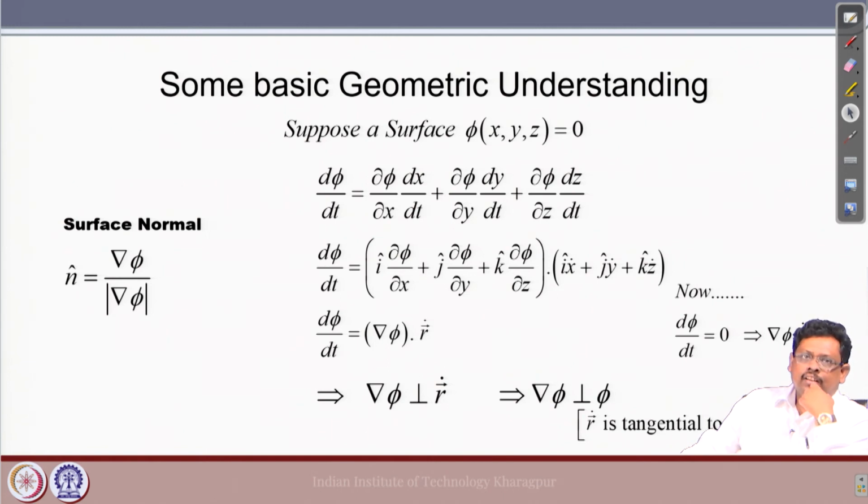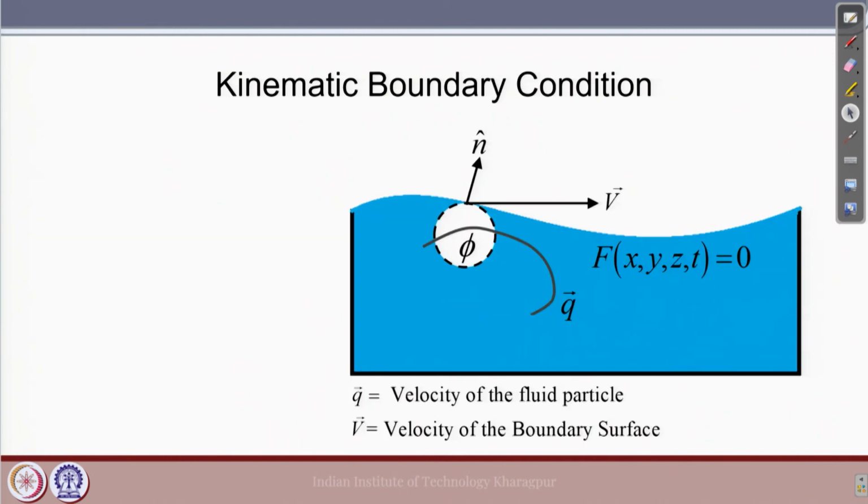Okay. Fine. So, if we have these two geometric understandings, then we can try to find out the kinematic boundary condition, and this is a very important concept. If you consider wave dynamics, then also understanding this kinematic boundary condition is very important.